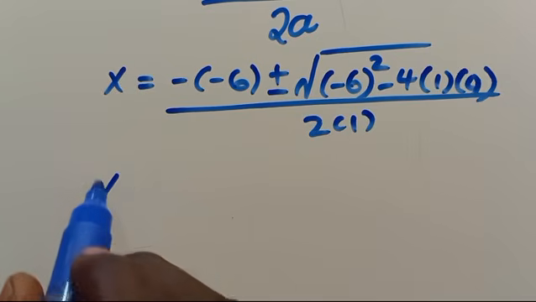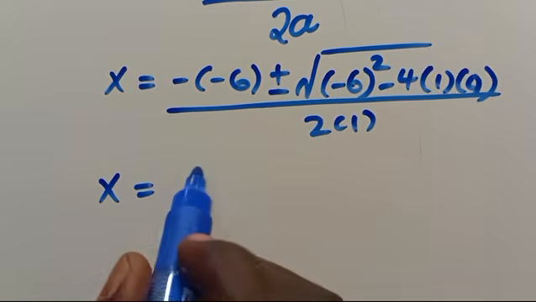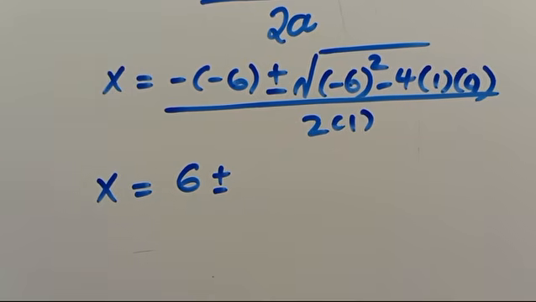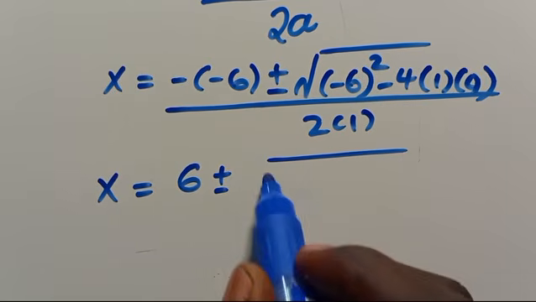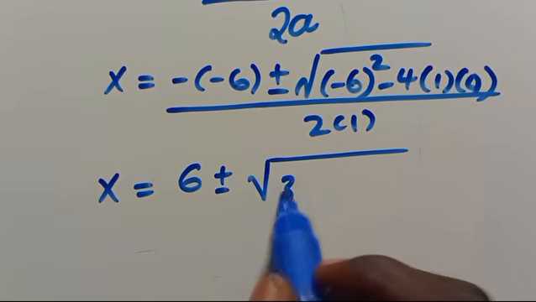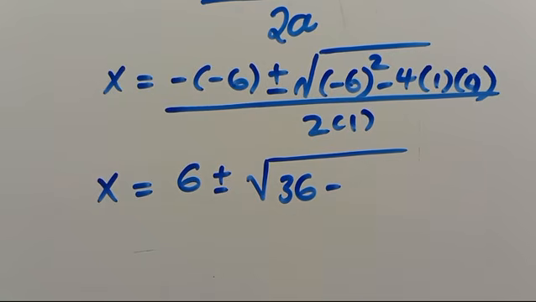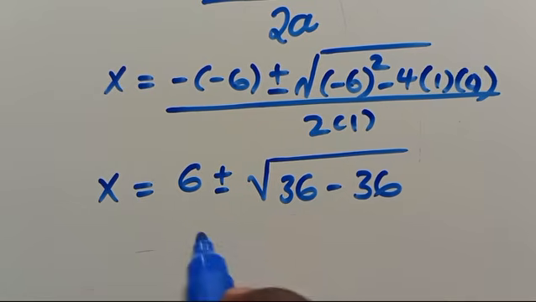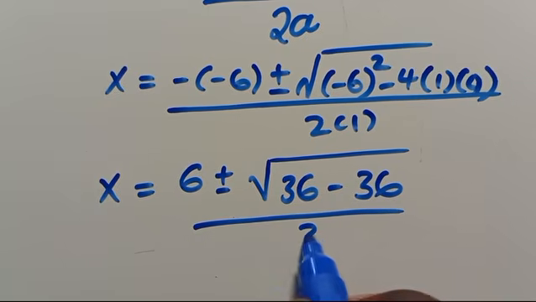So we have x, minus times minus will be plus, positive or negative. Then this will be 36. Then 4 times 9 will also give us 36, over 2.